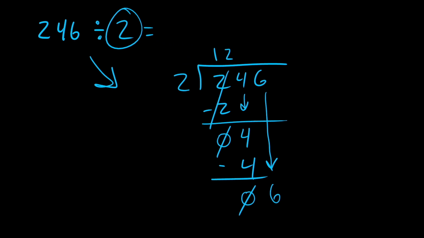How many times can 2 fit into 6? Well, 3. 2, 4, 6. So 3. And then you multiply 3 times 2, which is 6.